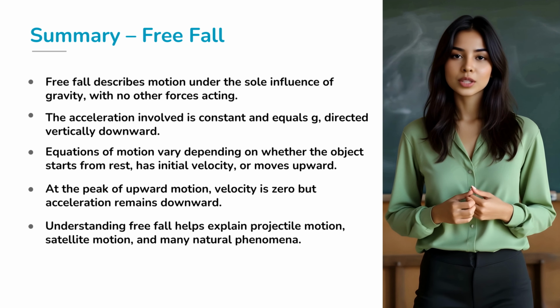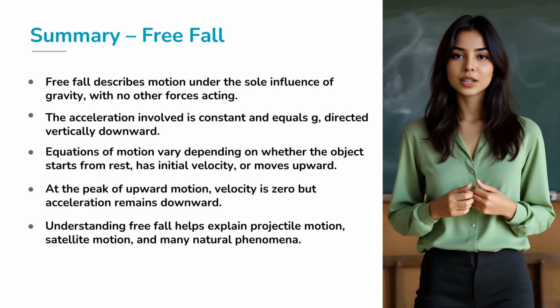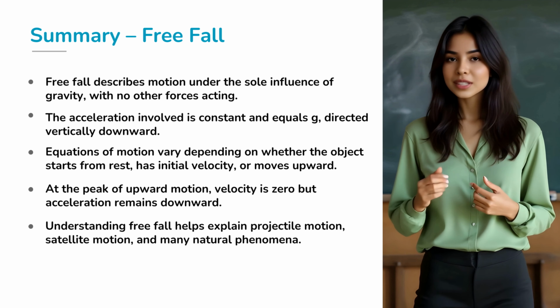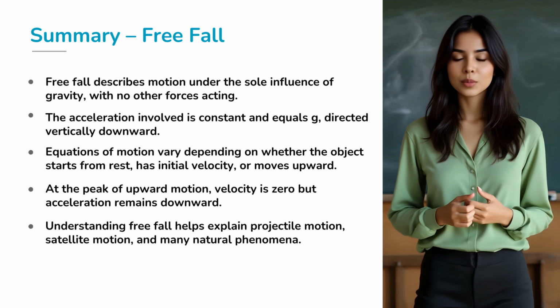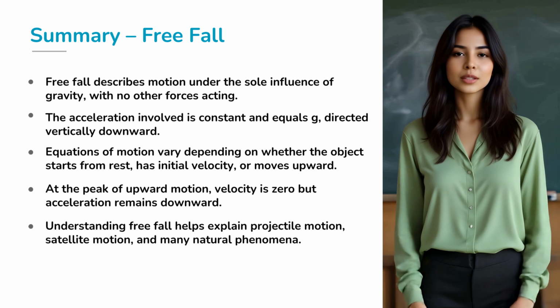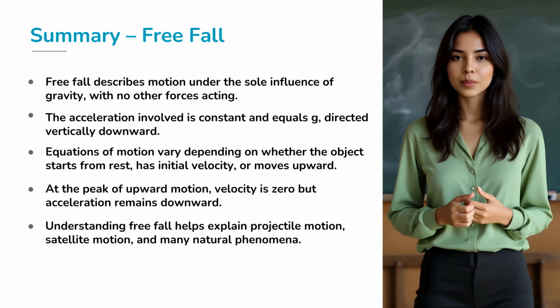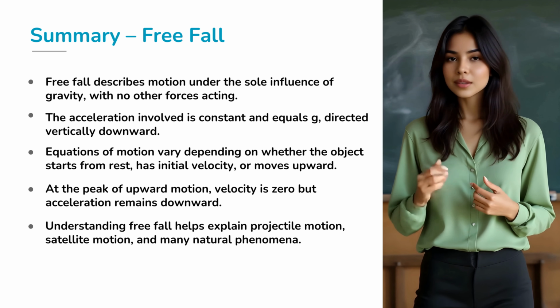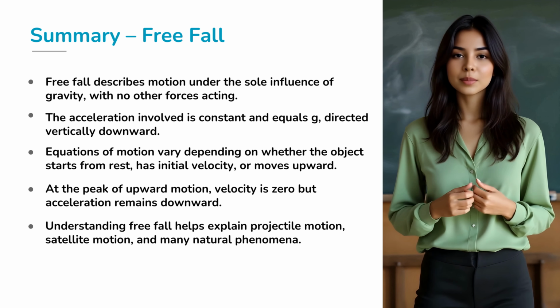At the highest point of upward motion, the object's velocity becomes zero, but gravity keeps acting, guiding the object back down. This simple yet powerful concept of free fall helps us understand more complex topics like projectile motion, orbiting satellites, and even planetary motion.